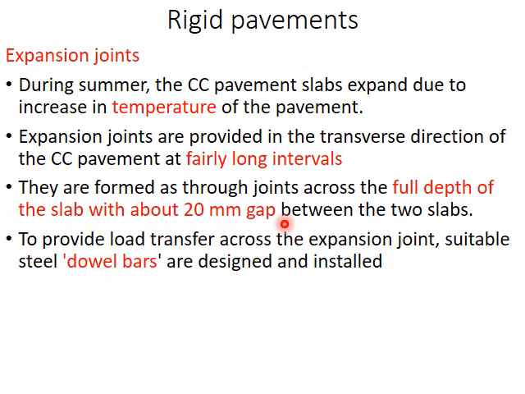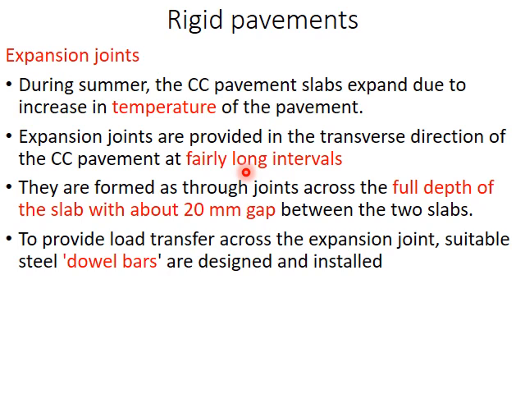The next type of transverse joint in rigid pavements is the expansion joint. In summer, you know that the pavement absorbs the heat and it expands. So to accommodate this expansion of the slab, we provide expansion joints. They are provided after fairly long intervals. That is, you have the longitudinal joints after each lane, or 3.5 to 3.7 meters, and the contraction joints at every 4 to 5 meters.